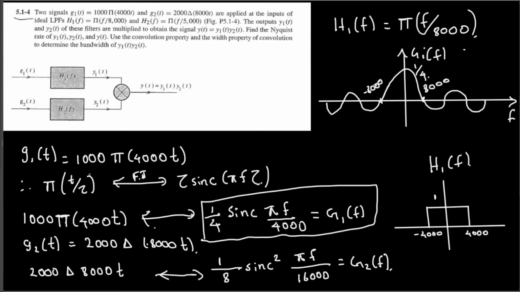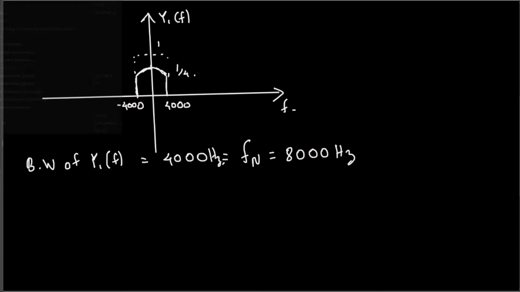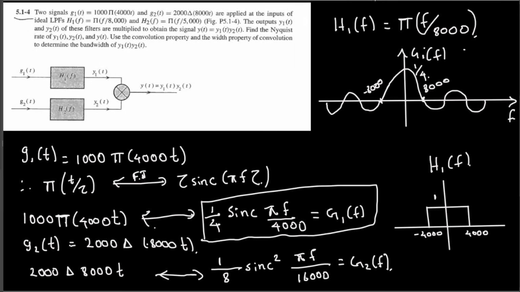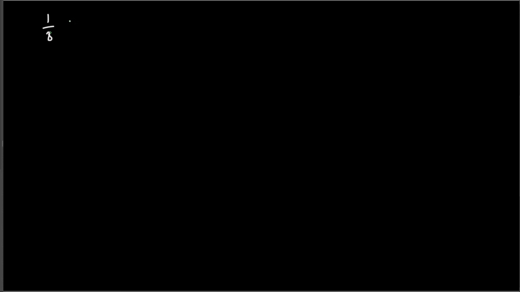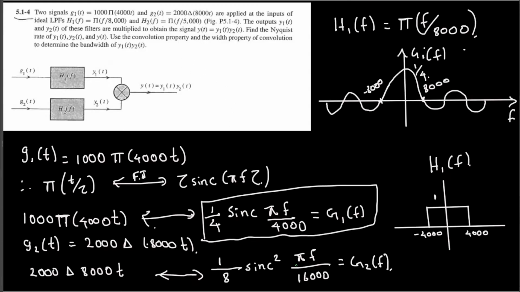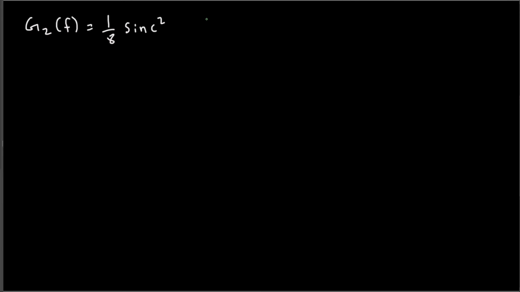And for Y2 of t, a similar thing happens. If I draw the graph, let me use a different page for it. So for Y2 of t, what we have is 1/8 sin square, this is G2 of f, okay. G2 of f is equal to 1/8 sin square pi f over 16,000.